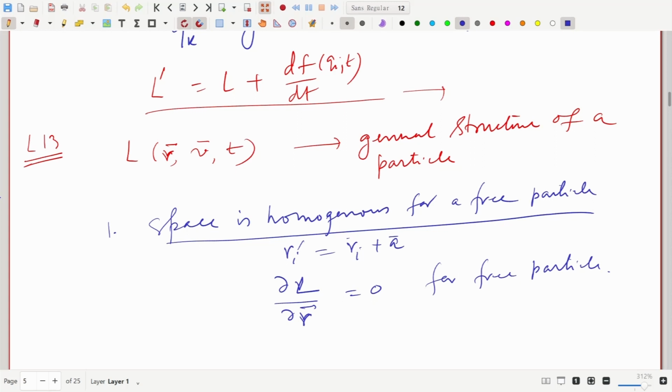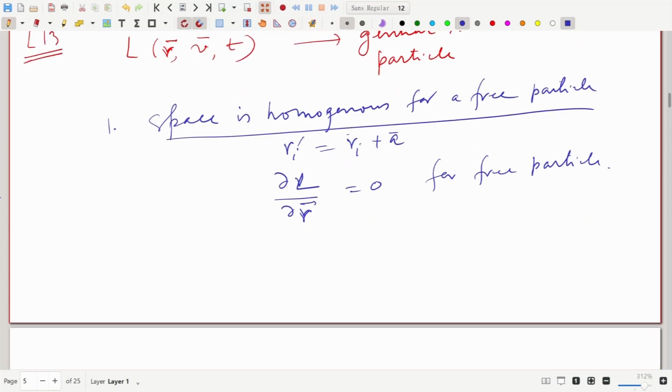Second thing is that in exactly a similar way we can say that time is also homogeneous. I will explain the meaning of this. A free particle is moving in a straight line.